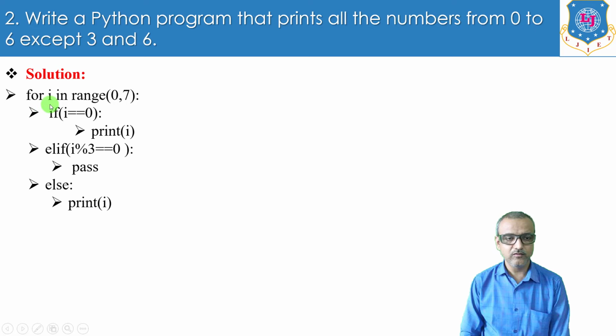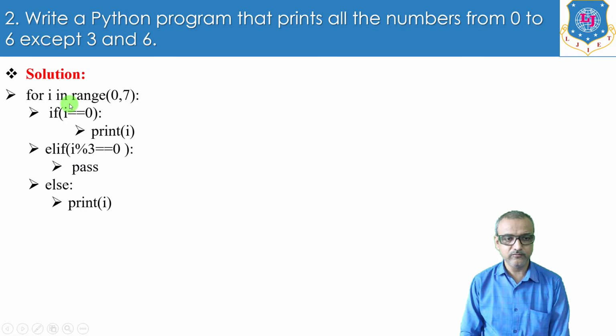Now for the next value of i, that is 2, 2 equals 0 is false, so this one won't be executed. Similarly, 2 modulo 3 equals 0 is again false, so the else statement will be executed and 2 will be printed. For the next iteration, i equals 3, this condition will be satisfied and pass will not do anything.